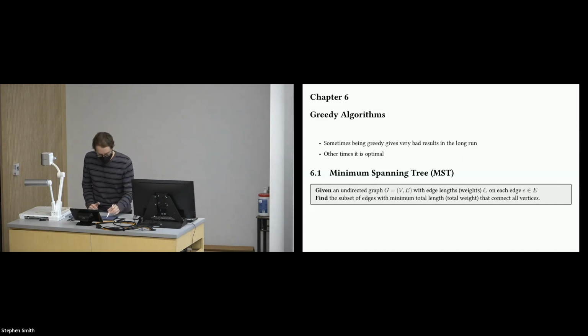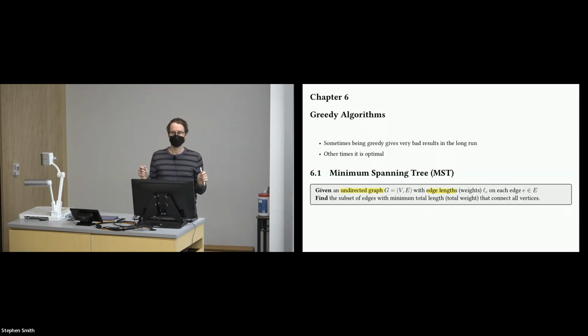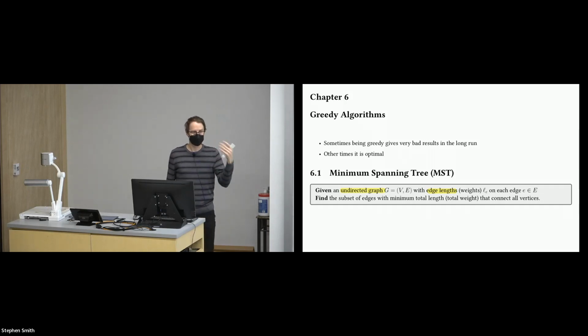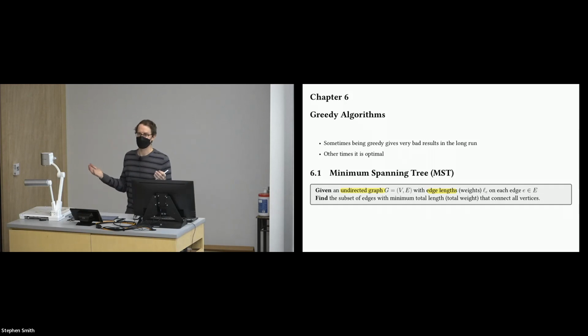So in the minimum spanning tree problem, we're given an undirected graph with edge lengths. And you want to find a subset of the edges that connects all the vertices and has minimum total length. So when I sum up those edges, the sum is minimum among all subsets of edges that span all the vertices.